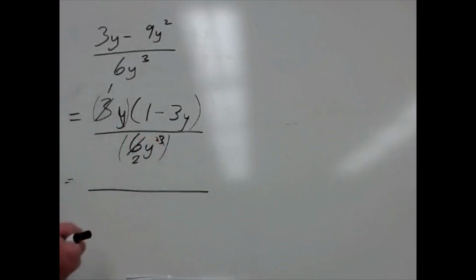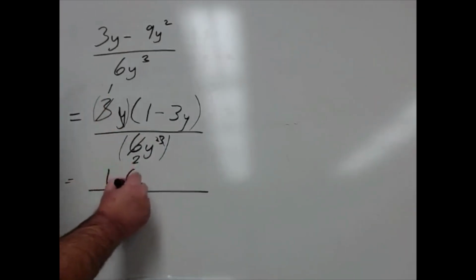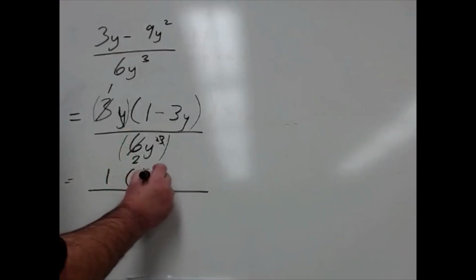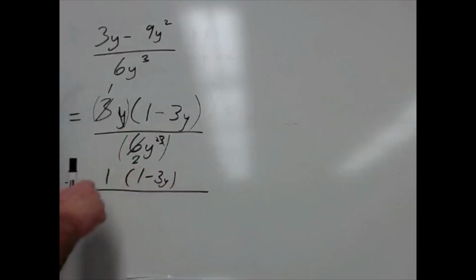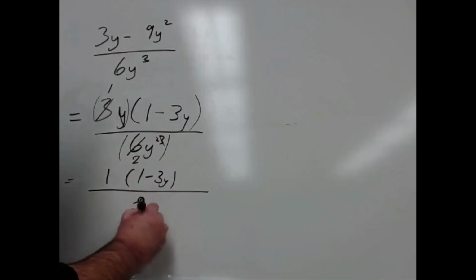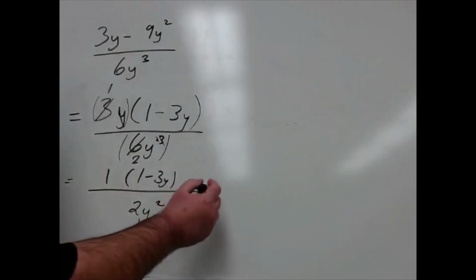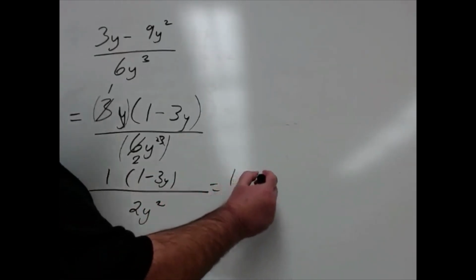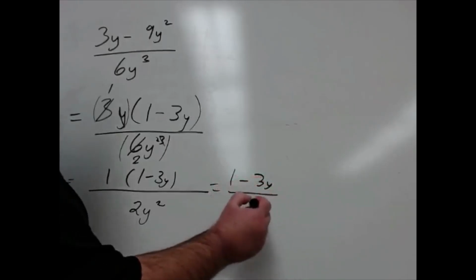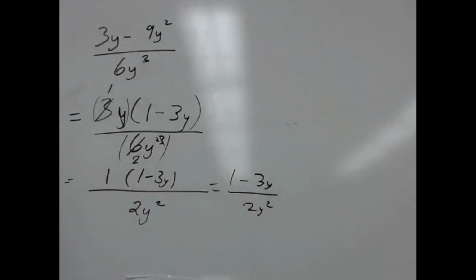So then what am I going to be left with? Well, this term is just left with a 1. This bracket ends up hanging around. My denominator ends up becoming 2y squared. So for my final answer, I can remove the brackets here because this is just a 1 and give 1 minus 3y over 2y squared. So that will be your final answer for that one there.